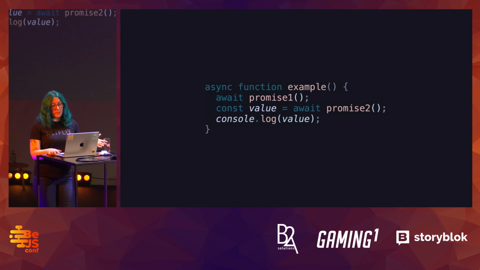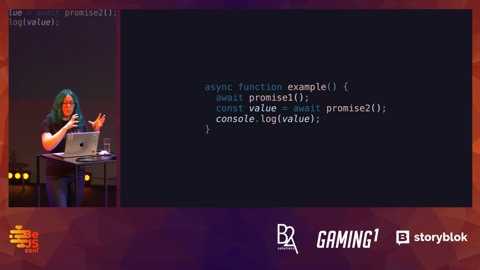The problem is that the promise-based code and our async await refactor, they're not equivalent. It actually might be fine, but we've taken code that didn't block. The promises in the previous example actually ran in parallel, and we've modified it to block. So await blocks until the promise resolves or rejects.